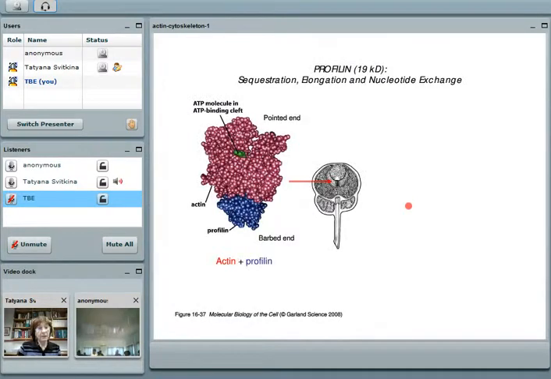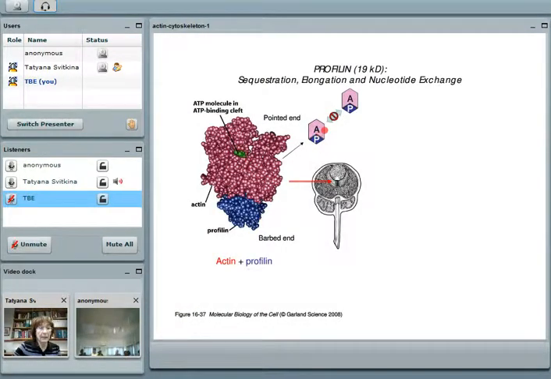The reason is that actin is here not as a pure protein. It is present in a complex with another protein called profilin. What profilin does is bind the barbed end side of the actin molecule.